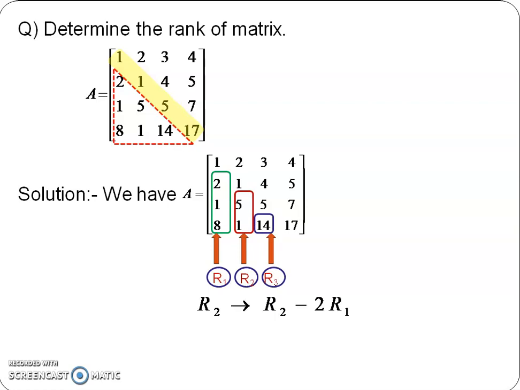So the operations are respectively R2 changes to R2 minus 2R1. These three operations for 2, 1 and 8, we can do in one step only. R3 changes to R3 minus R1 and R4 changes to R4 minus 8R1.